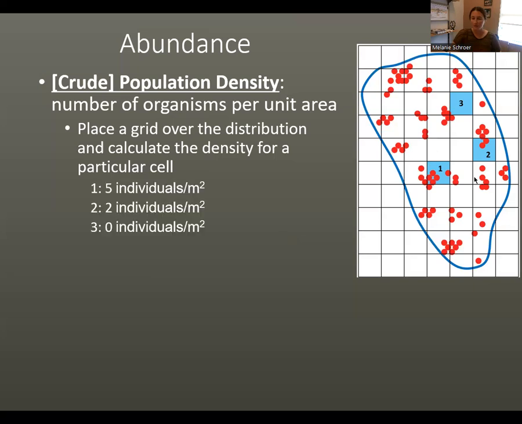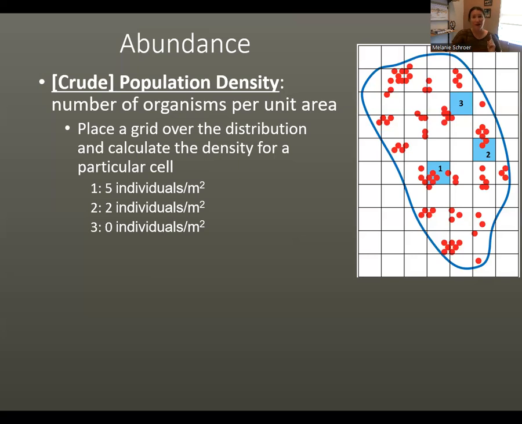Okay, if we sample cell number 1, we can count 1, 2, 3, 4, 5 individuals. So if we only counted this one cell, this one quadrat, this one transect, whatever, we would say, yep, the density is 5 per meter squared.